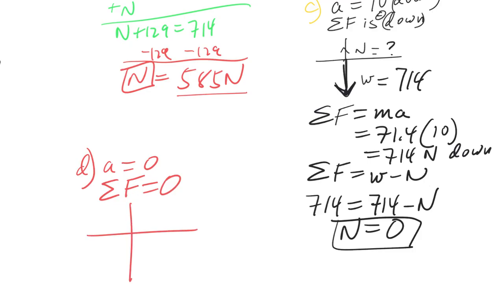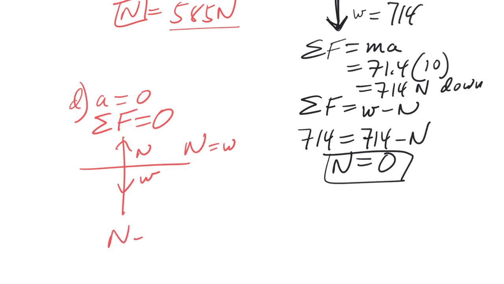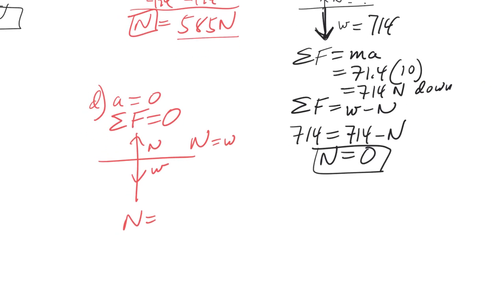My free body diagram would have N equals the weight. So your normal force would equal the weight, which is equal to still 714. The scale would just be reading your weight as if the elevator was stopped.